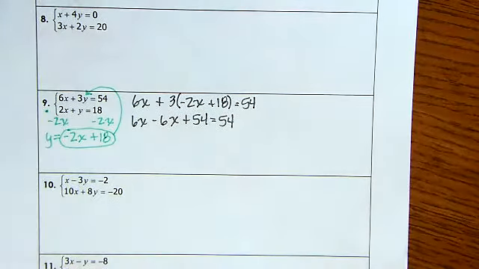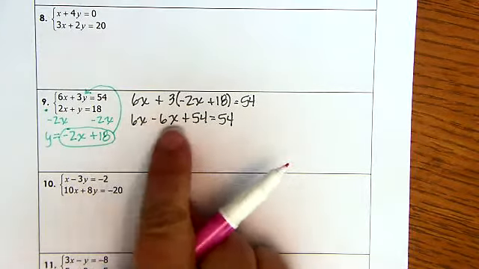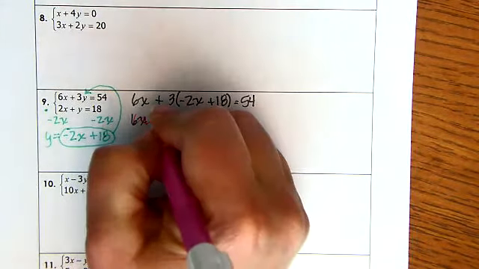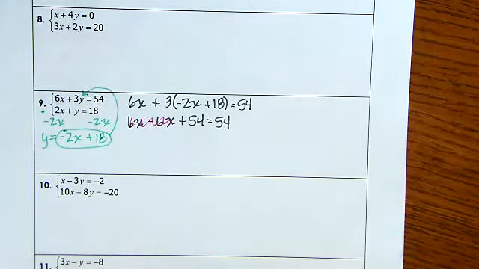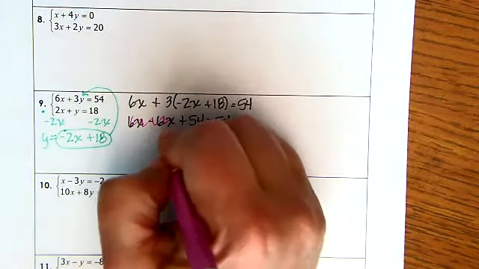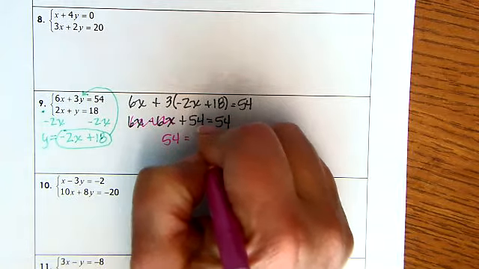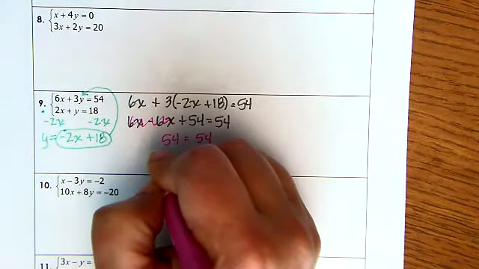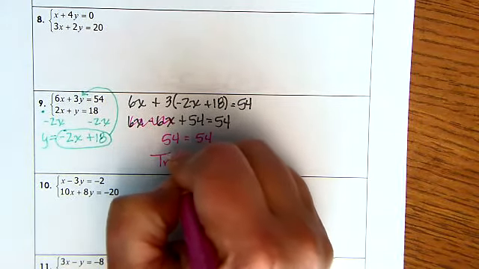I should be noticing some things right now about my numbers and what's happening. Well, my variables, 6x minus 6x, that goes away. That cancels one another out. So I'm now left with 54 equals 54. This is a true statement.